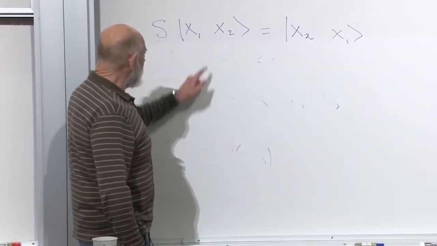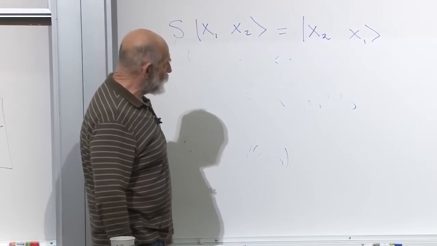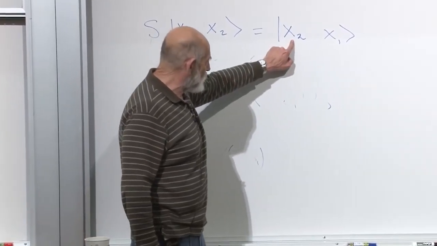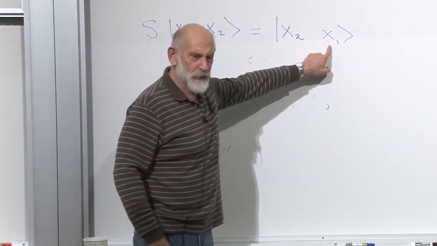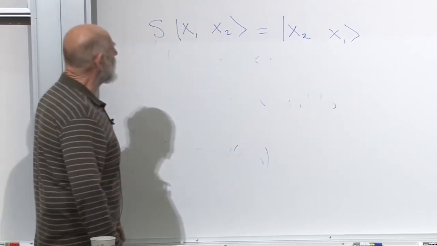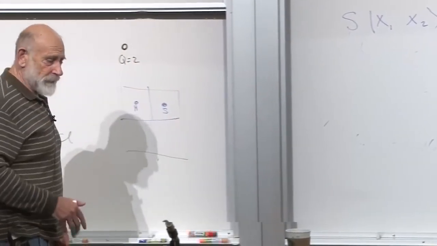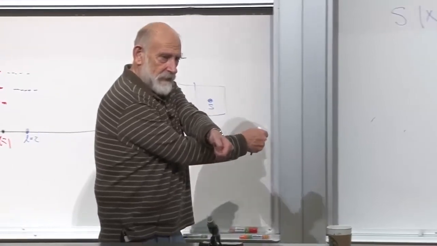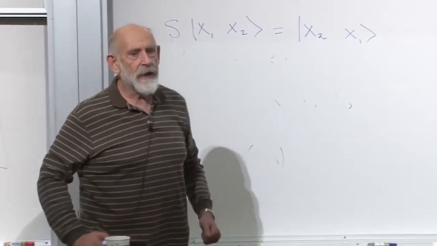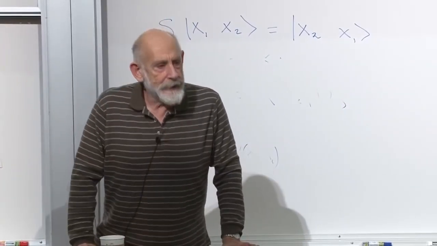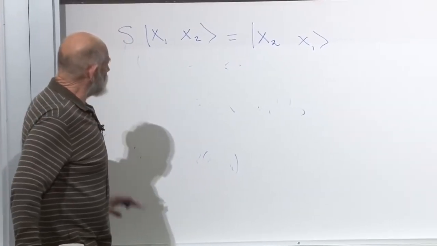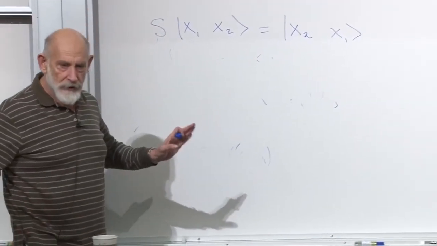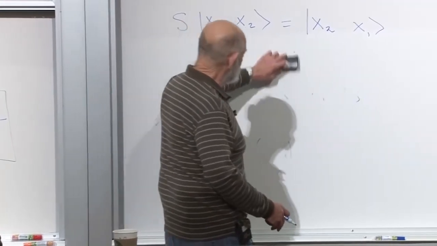Here you would have Harry at position 1 and Sally at position 2. Here you would have Sally at position 2 and Harry at position 1. I'm not sure I said it right, but you know what I mean. You just do a little dance and switch them. So this is a possible operation that you can do on the state of two particles.